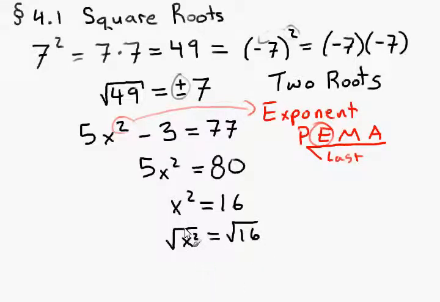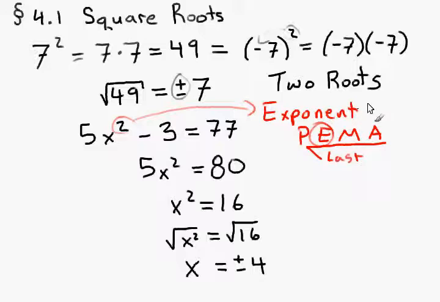The square root and the exponent, like I said, they're inverses. They cancel out. Our left-hand side is just x. And what is it equal to? It's equal to plus or minus 4, because 4 times 4 is 16.